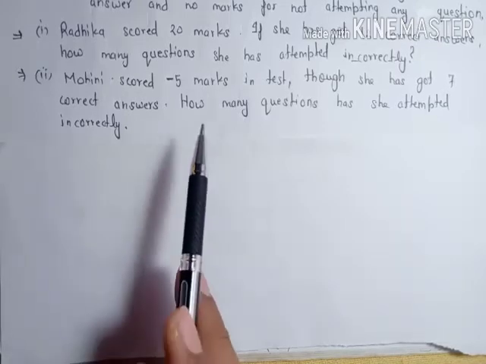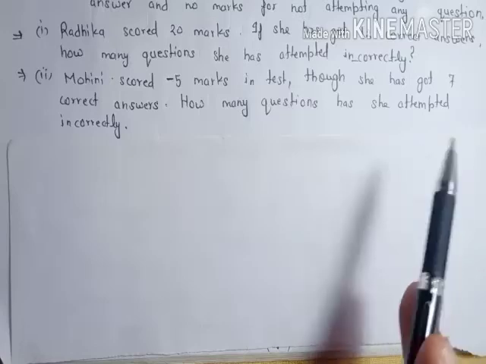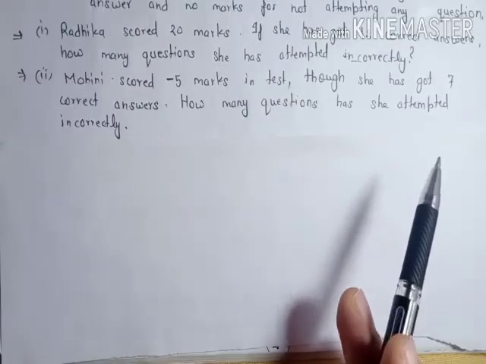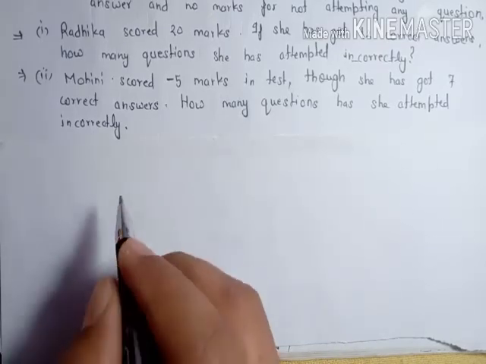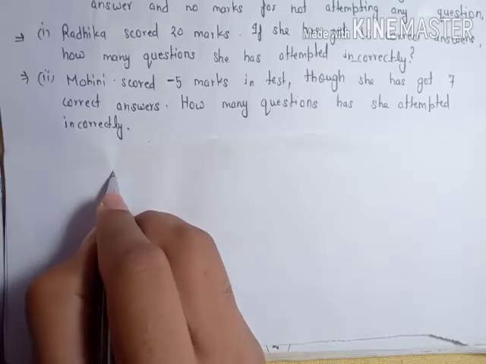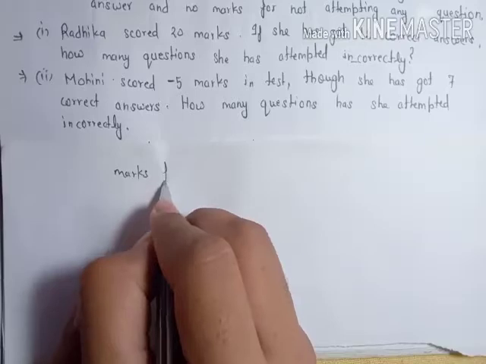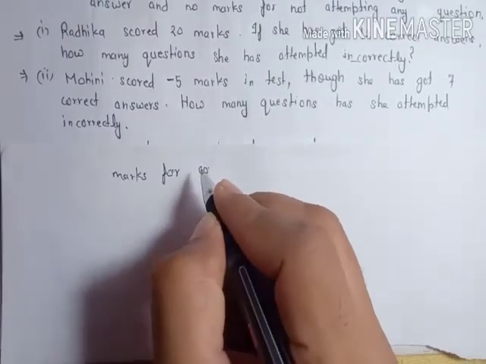And we have the second part of this question. Mohini scored minus 5 marks in the test, and though she has got 7 correct answers, how many questions has she attempted incorrectly? So write here marks for correct answers.